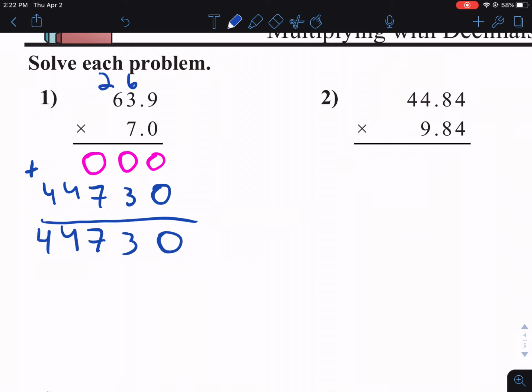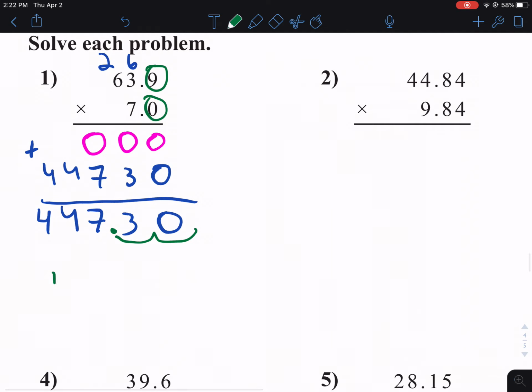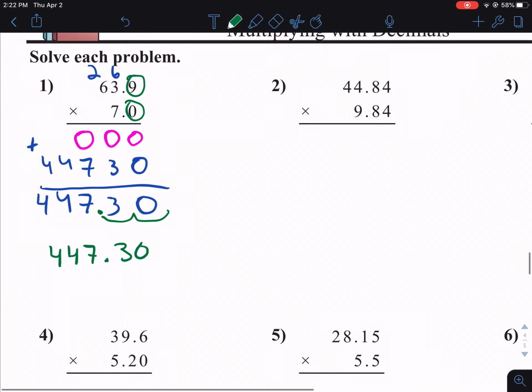Now, how many are behind the decimal? 1, 2. So I'll move the decimal 2 times to the left. 1, 2. 447.30. Now in your homework, this is what I want you to do.